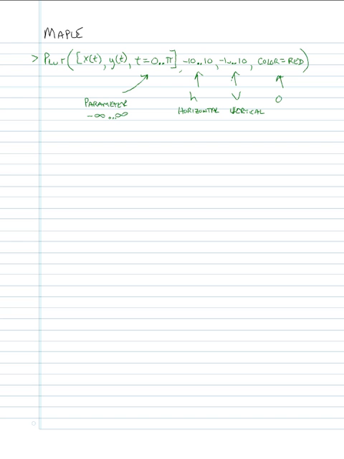Okay, what other options we might have? In this particular case, I'm using the command plot, open parentheses. Our x was defined as t plus 2 cosine t.